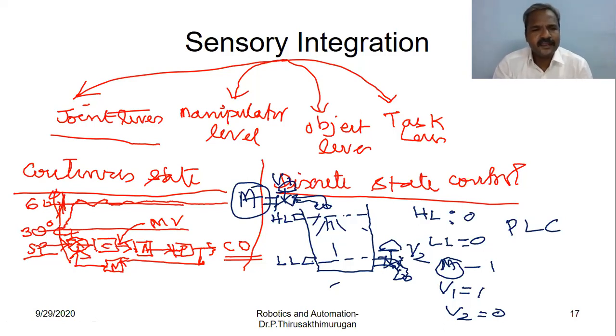In the joint level, sensory integration is only low level, either 0 or 1, binary. Whereas in the manipulator level, you can operate a little higher level, Boolean operations, on which Boolean and other operators can be performed.